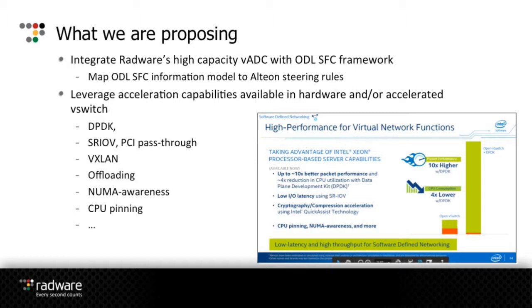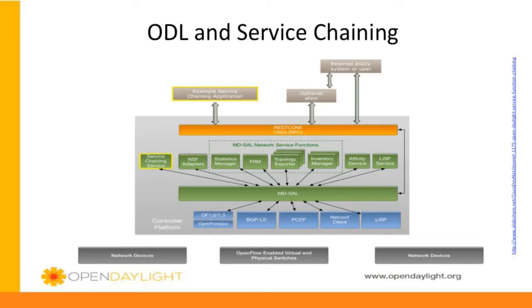And then what we do is we take OpenDaylight as the information model and map those rules to our ADC steering rules. So this is more of a network diagram view of what we're proposing. What you can see there is that the network devices are virtual ADC, which can run on basically any white box server, and we can orchestrate it using OpenStack.